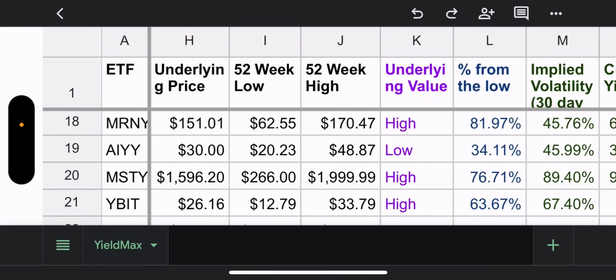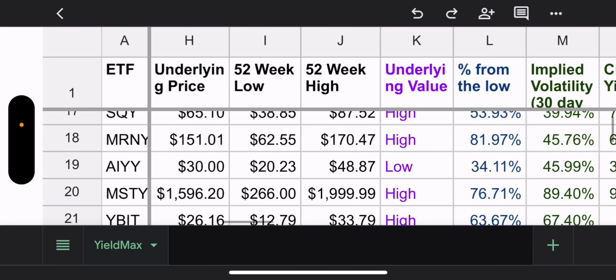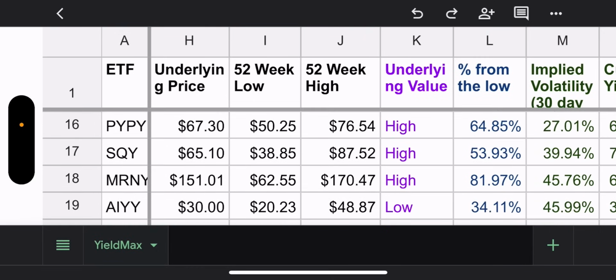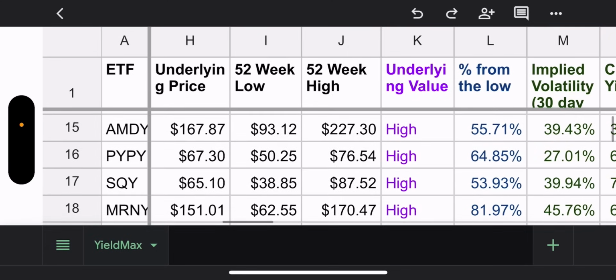Yeah, obviously crypto's at the high. MSTY, of course, they're at the freaking high. Oh my God. Whoa, look at the MSTR 52-week high. 1,999.99. They couldn't break 2K. Good Lord. AIYY, I mean, since this one came out, the C3 underlying has been at the low. So I'm not touching that with a 10-foot pole.